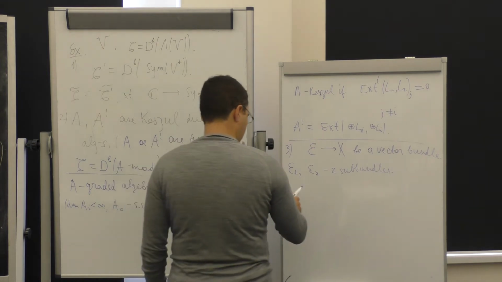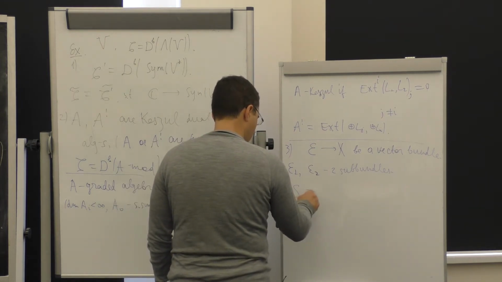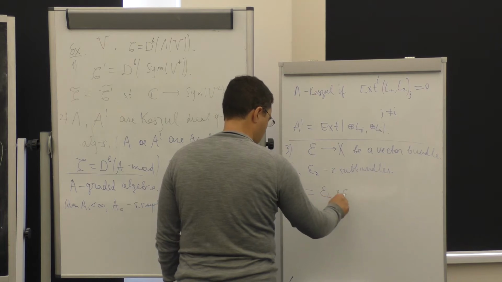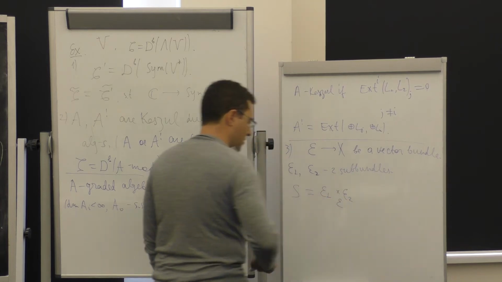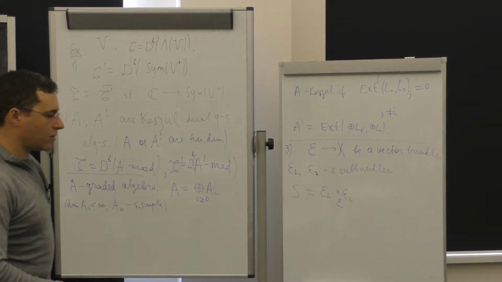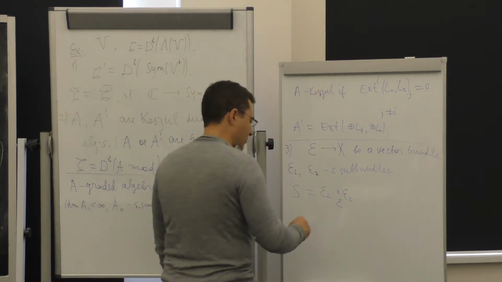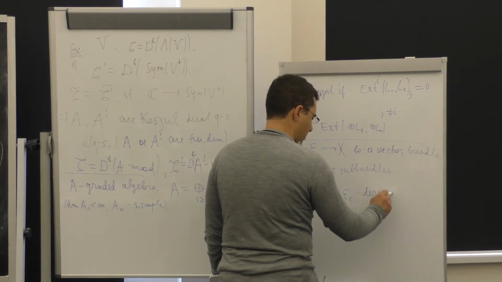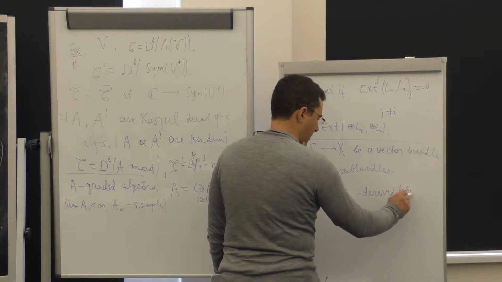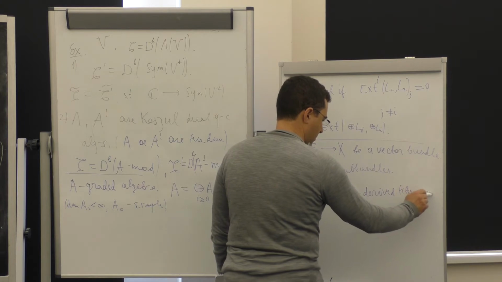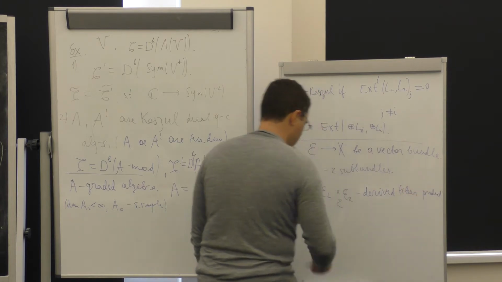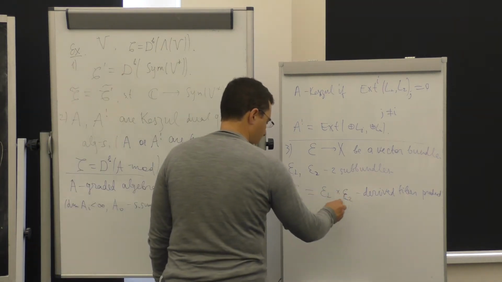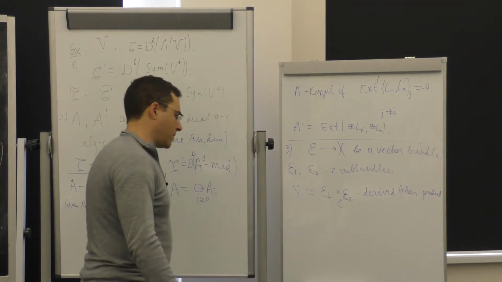Then we can form S to be the fiber product, just the intersection. But again, I want to take it as a derived scheme. So it means that I consider the DG ring, which is a derived tensor product of this with this over this.